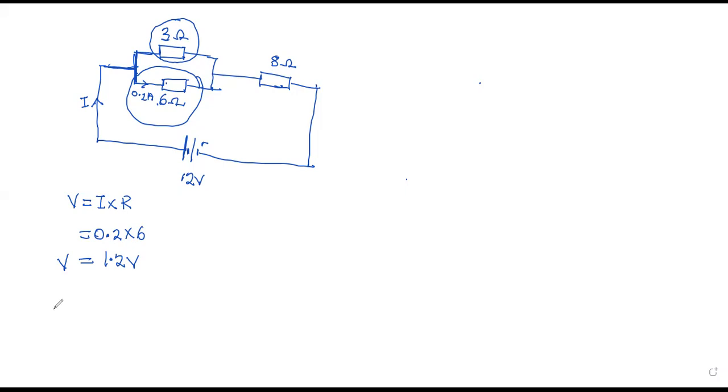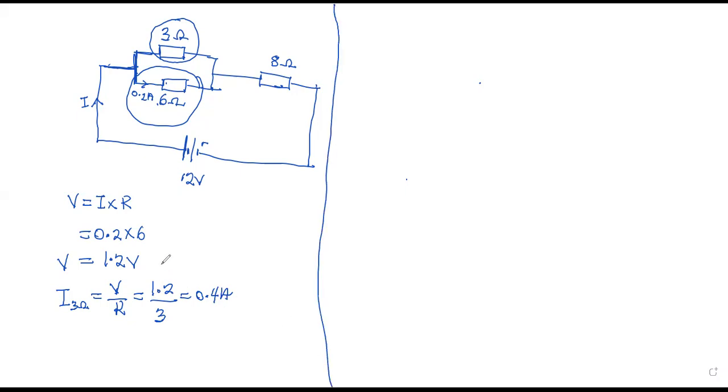Therefore, we can easily also find the current through the 3 ohm resistor. So current through the 3 ohm resistor would be equal to the voltage divided by the resistance, which is 1.2 divided by 3. And this is equal to 0.4 ampere. Okay.